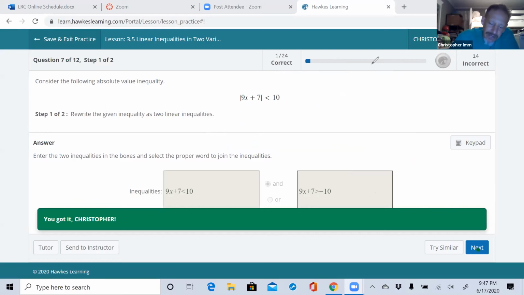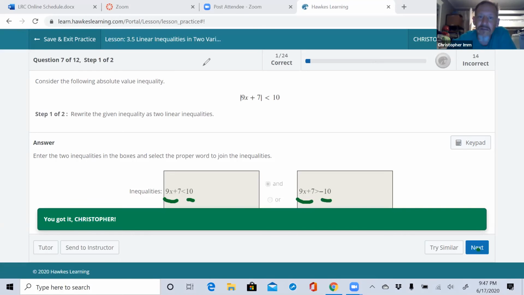One other thing you might want to look at here before I go on to the next one. Sorry that I'm extending this a little bit, but we saw maybe in my notes or the videos I did, if we had a less than in absolute values, notice if we put these two together, we have this common 9x plus 7. We have that it's less than 10, but it's also greater than -10.